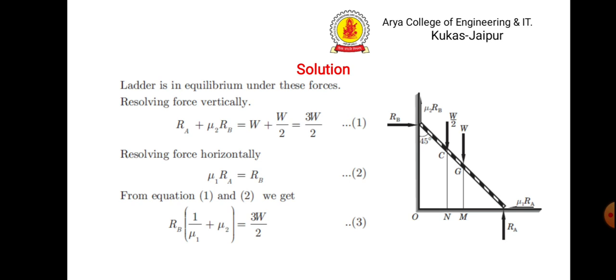This is equation number 1. If we resolve the forces horizontally, then mu 1 RA equals RB. This is equation number 2. So from equations 1 and 2, I can write that RB into 1 upon mu 1 plus mu 2 equals 3W by 2.